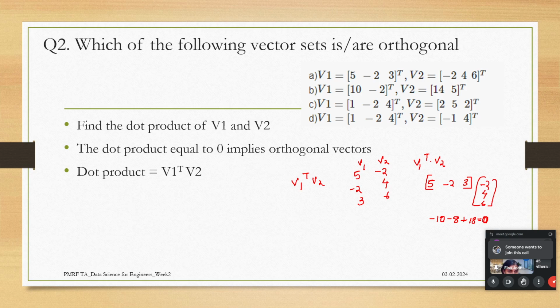C is also fine, and yes, A and C will be fine. The other one, no. So the answer will be A and C. That's fine, you have got the answer.